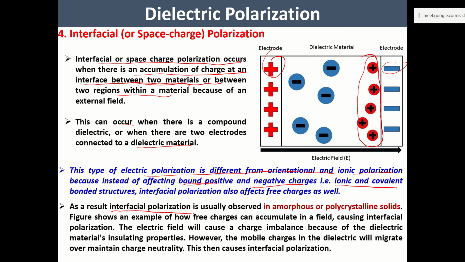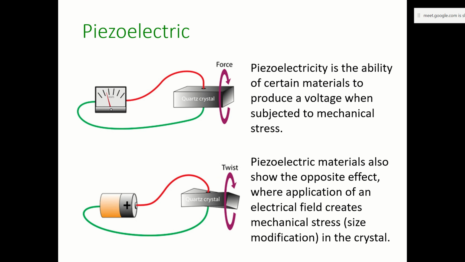Interfacial polarization is observed in amorphous or polycrystalline solids. So any free charge can accumulate in a field, causing interfacial polarization. Okay, so these are the four different ways in which polarization can occur.